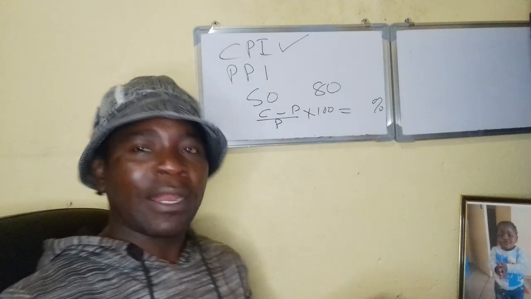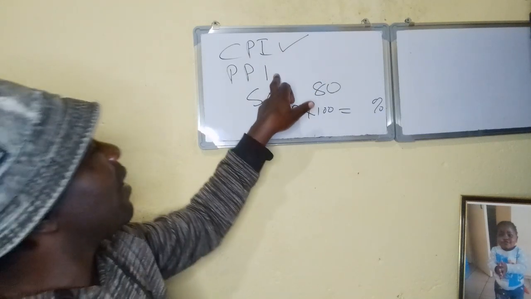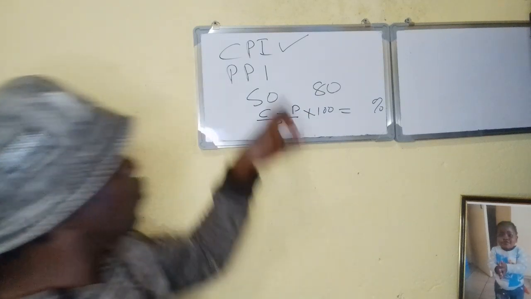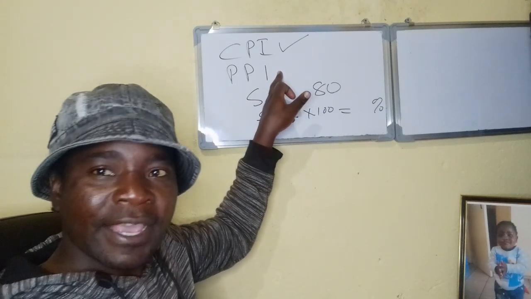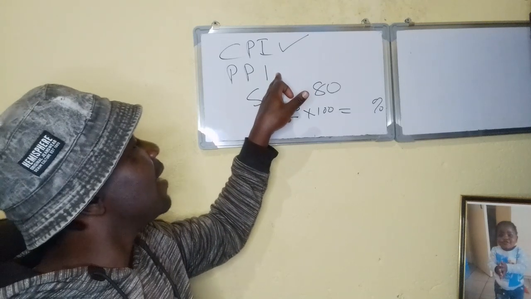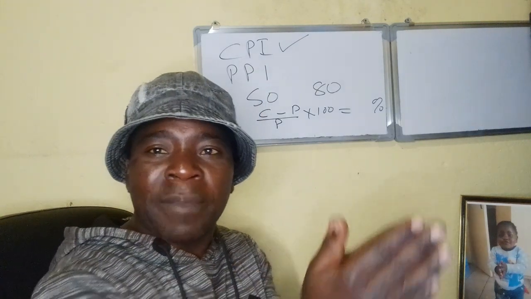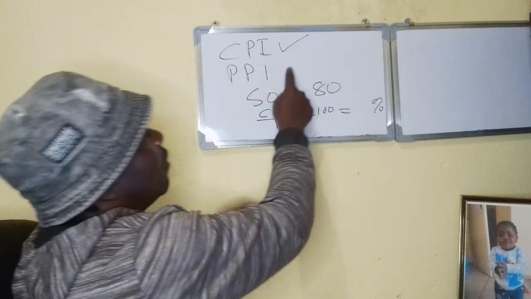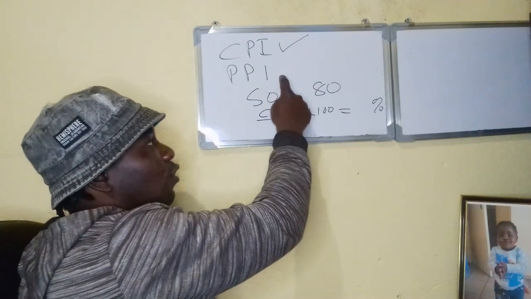Now the producer price index measures the value of goods that are in the production process. It excludes services, and it includes intermediate goods that are not yet finished, that cannot be purchased by the final consumer. So this one measures the cost of living, this one measures the cost of production.